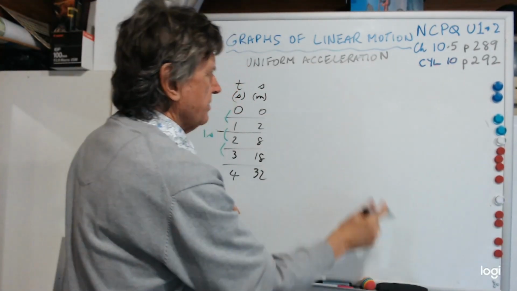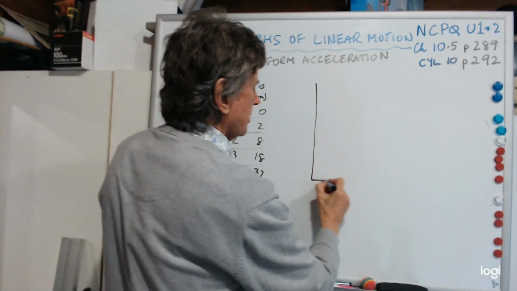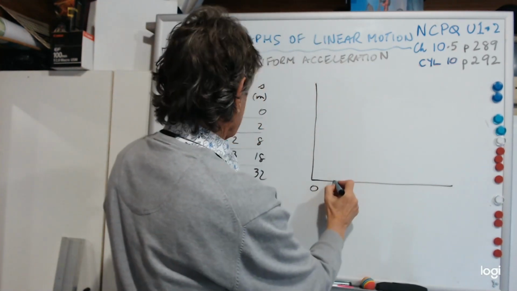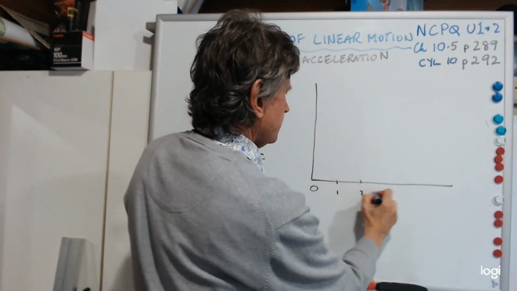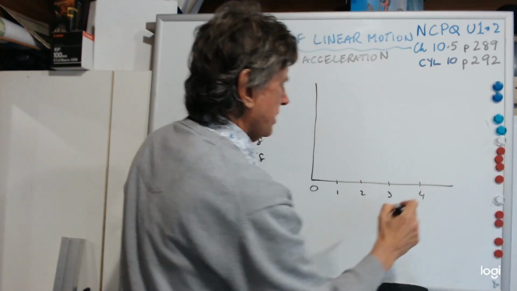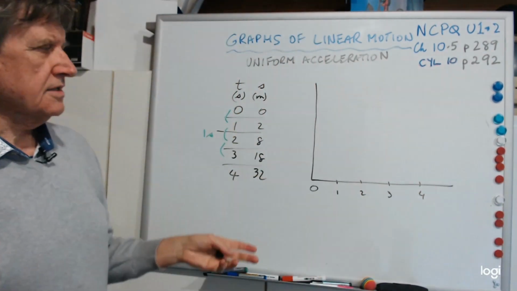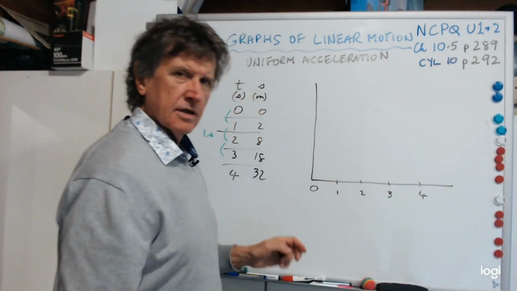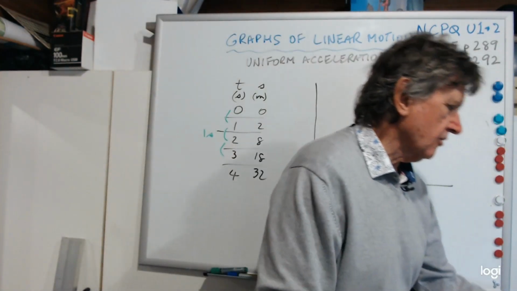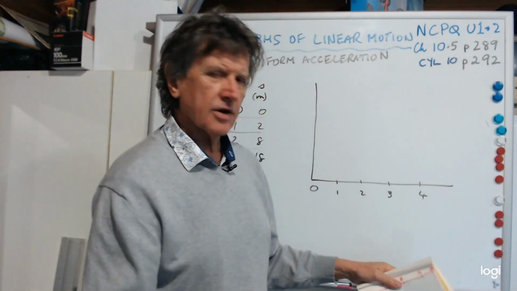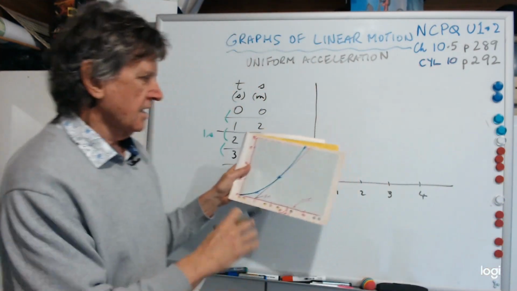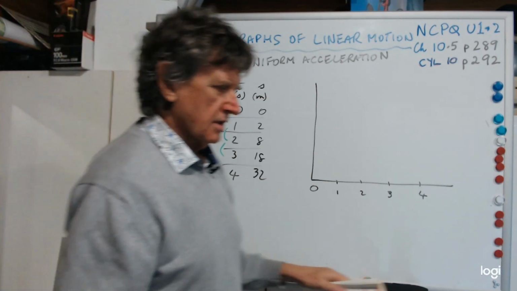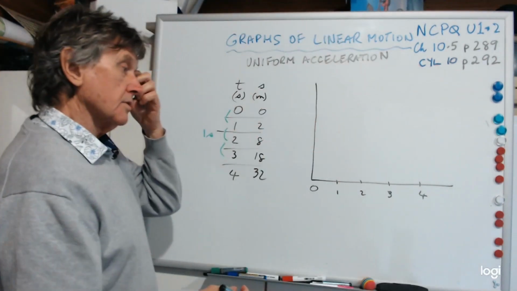Right, now this is going to be a bit tricky. I'm going to plot 0, 1, 2, 3, 4. Now, if I was using Excel, I could get a really nice graph. Or if I was doing it on graph paper, now I tried it on graph paper before, but I needed to do it big enough for you to see, and it's really awkward. But I'll just do it this way.